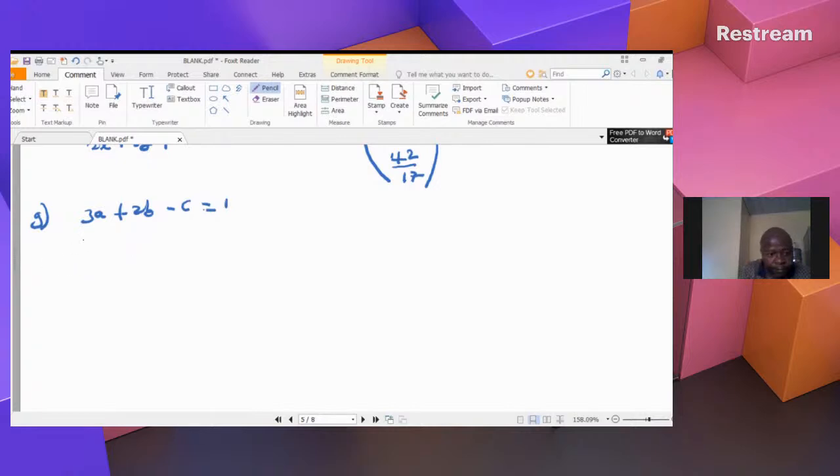That's the other one. a plus 4b minus 3c is 11. Negative 2a plus 3b plus 5c is 21.